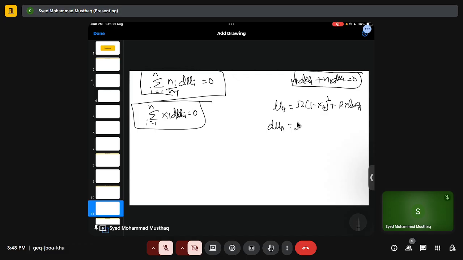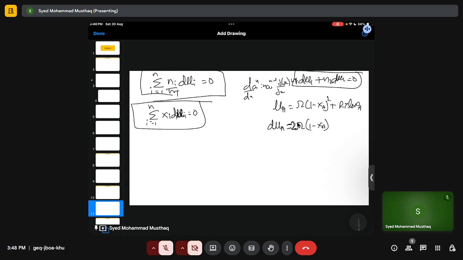So this will be this term, and 1 minus XA. So d by dx of a power n will be n times a power n minus 1, times d by dx of a. I hope I am not wrong, so please correct me if I am wrong. This is my 2.